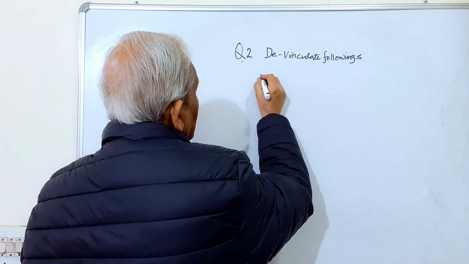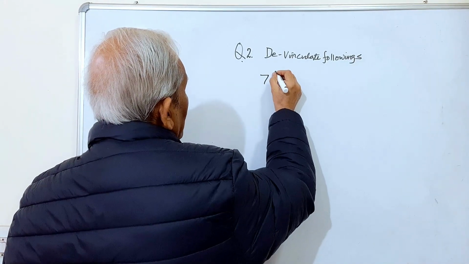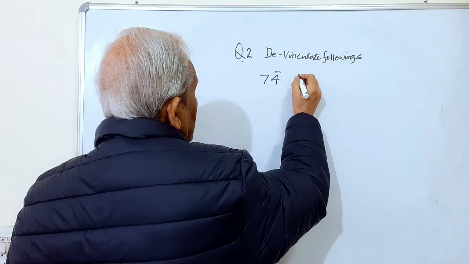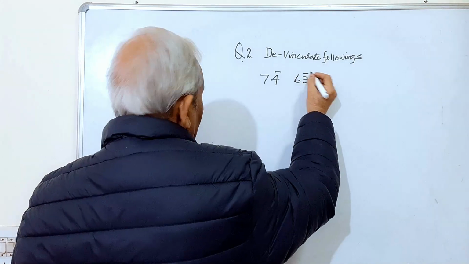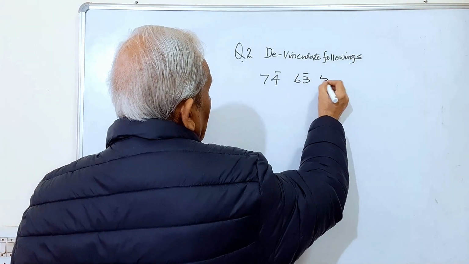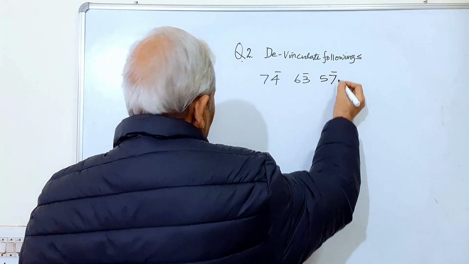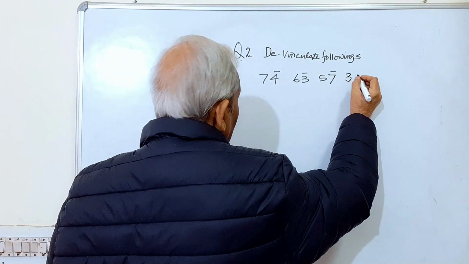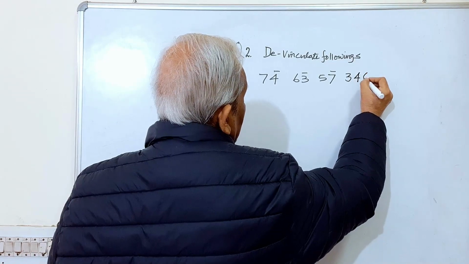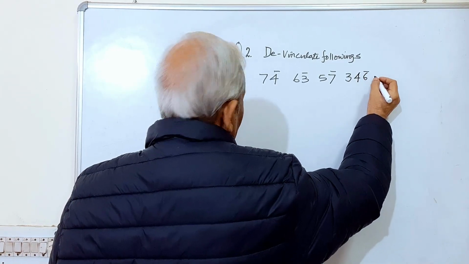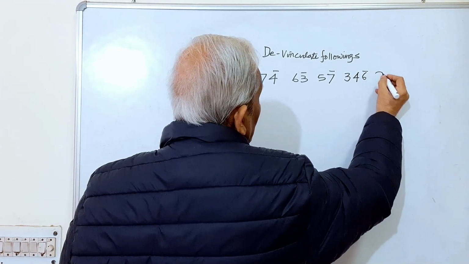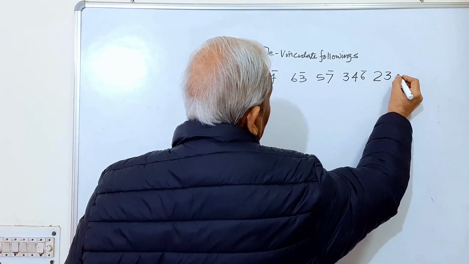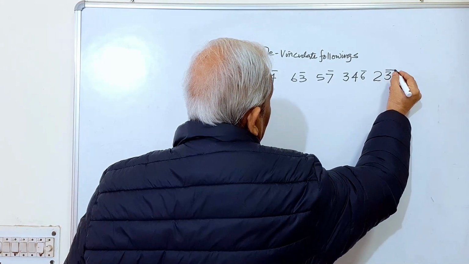The numbers are 74 bar, 63 bar, 57 bar, 346 bar and 238 bar.